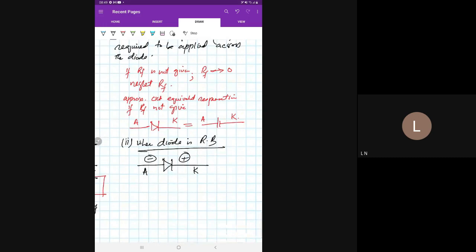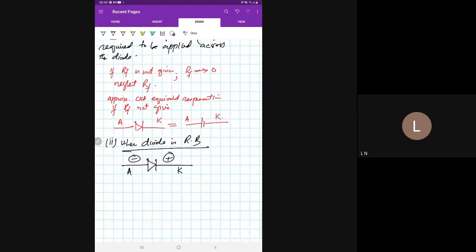In that case, current will not flow, and the diode will be approximated with a reverse resistance R_R, which is very large, of the order of mega ohms. Its typical value is greater than or equal to 1 mega ohm.